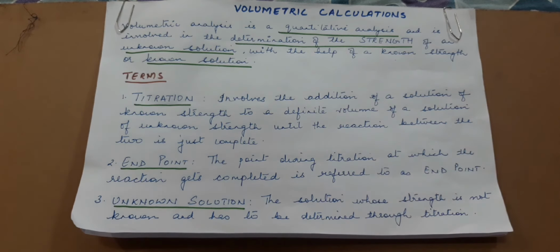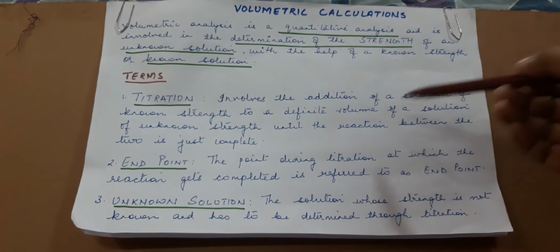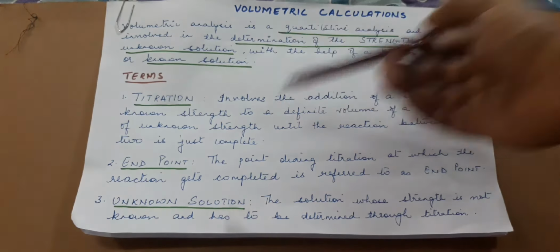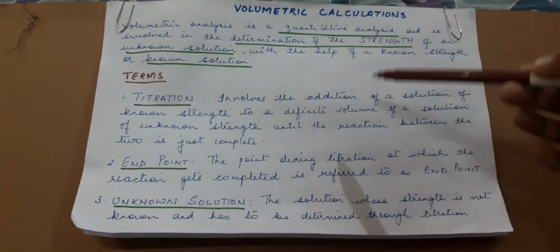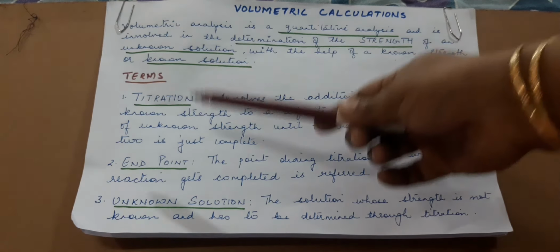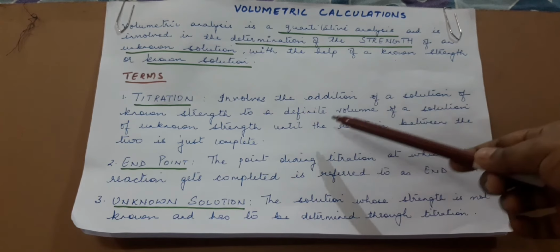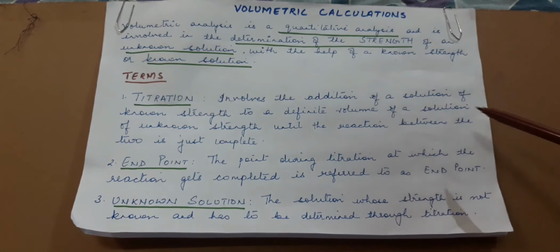Okay, so when we say titration, it is actually a method which involves the addition of a solution of known strength. We'll come to each of these terms. It involves the addition of a solution of known strength to a definite volume of a solution of unknown strength.